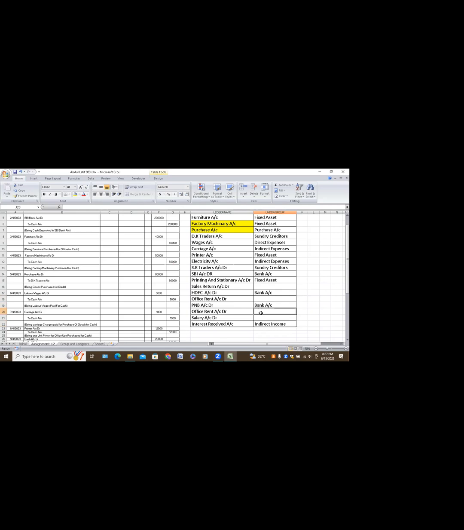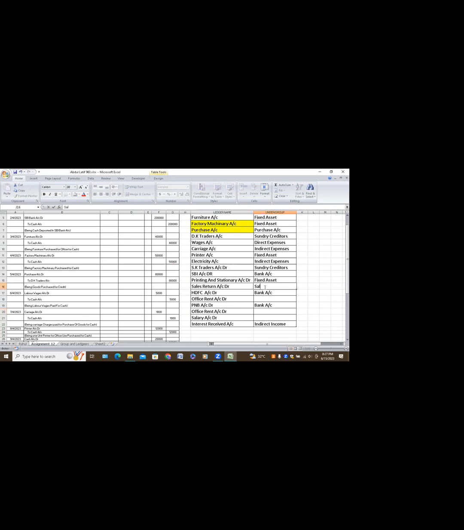Ma'am, office rent, is it an expense or income? Expense, indirect expense. Salary also is an indirect expense only. Sales return comes under sales account.